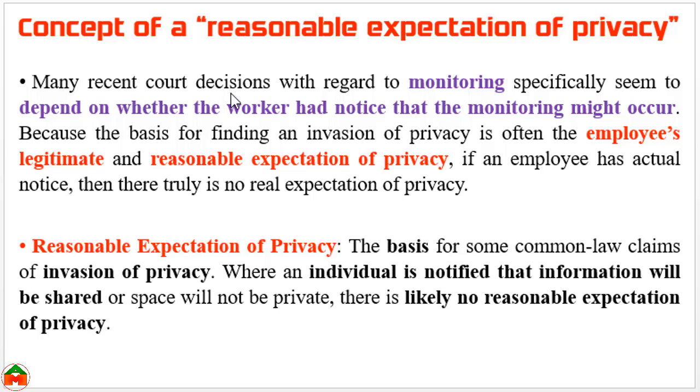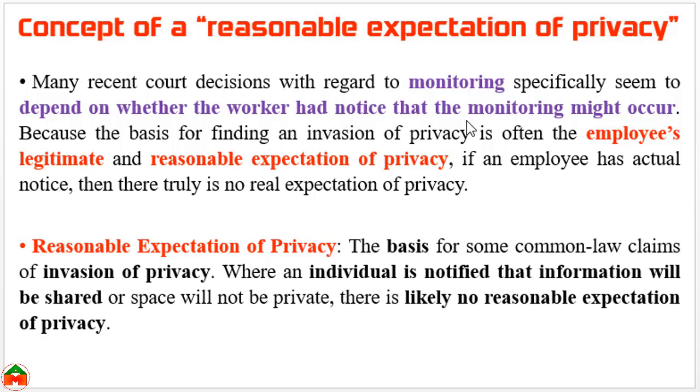From the court decisions, it can be said that monitoring in the workplace can be done, but that monitoring depends on whether the worker had noticed that the monitoring might occur. That means monitoring depends on prior notice to the worker.